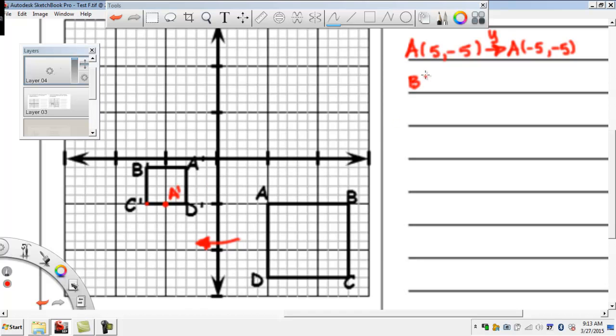B, which is at 13 and a negative 5, B prime will become a negative 13, negative 5. And we will do C. C is at 13, negative 13.